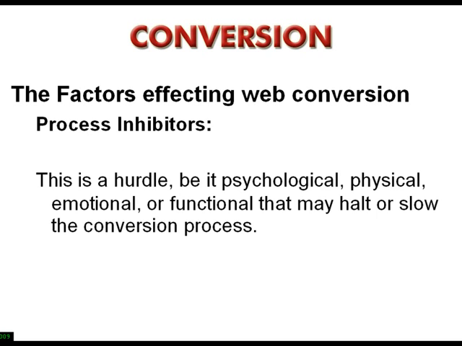You've got to go through and start to say, okay, from a psychological standpoint, what am I going to run into here? From a functional standpoint, what am I going to see in my whole sales process that could be an inhibitor? What might slow things down?